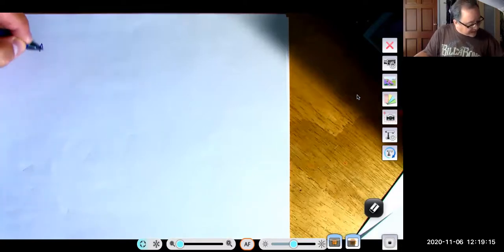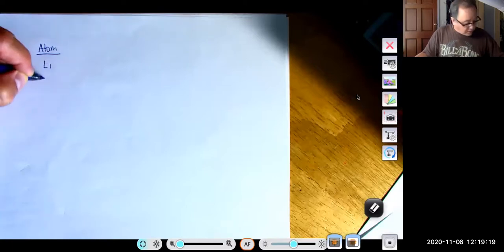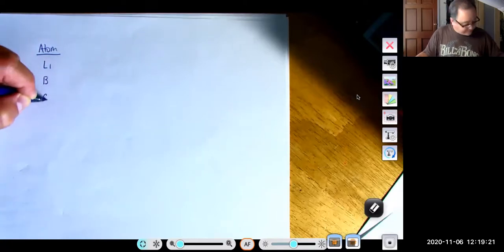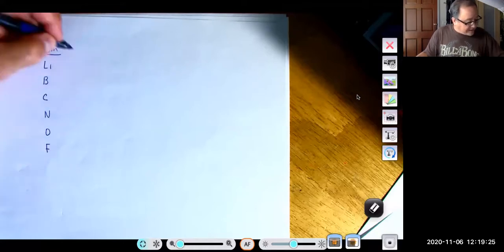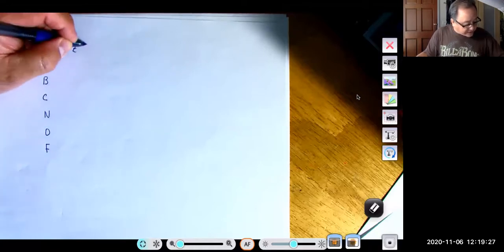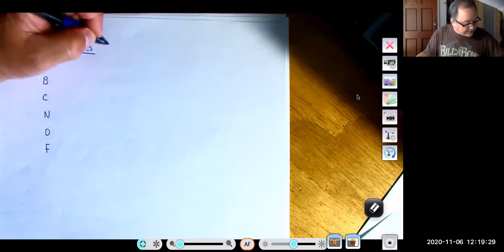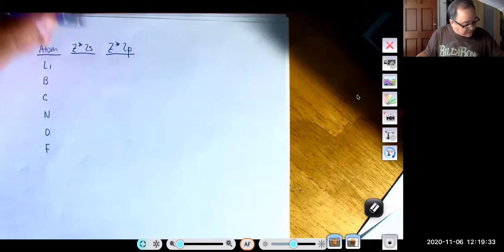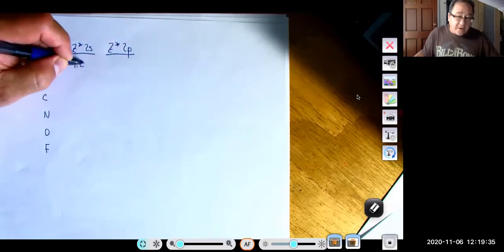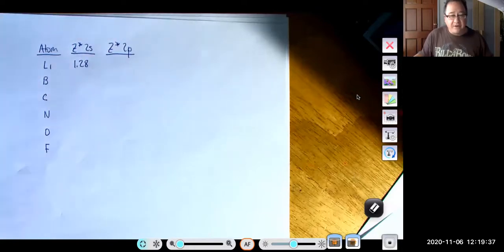So here's the atom, lithium, boron, carbon, nitrogen, oxygen, and fluorine. And here's Z star for a 2s electron. And here's Z star for a 2p electron. Now, these numbers that I'm writing aren't numbers for you to memorize.